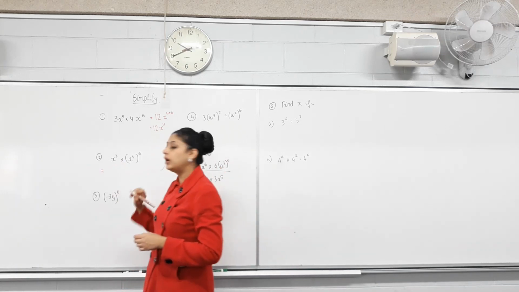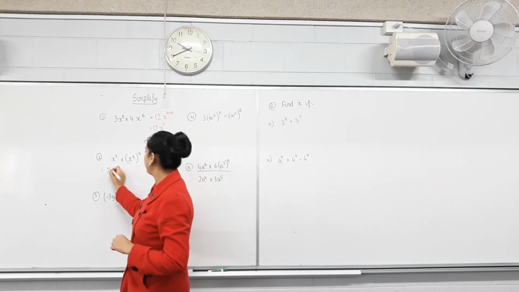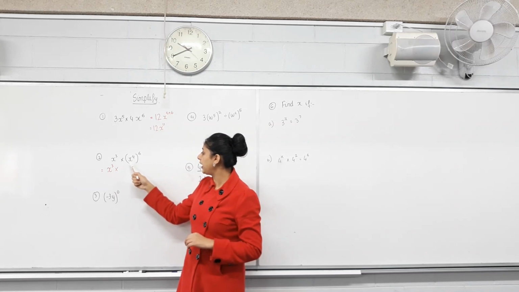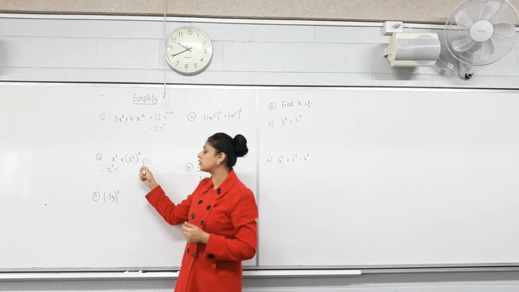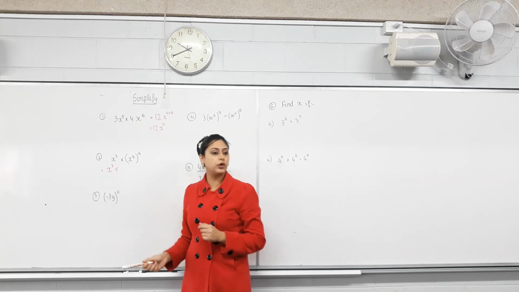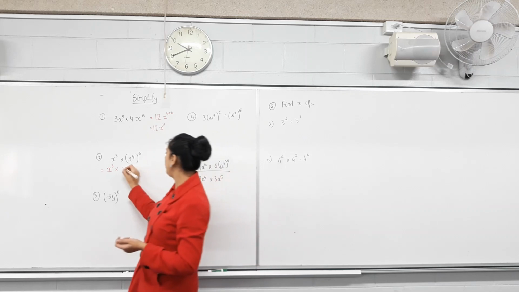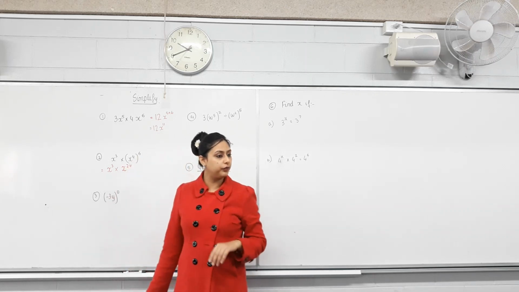Next one. Now, we first have to do the brackets. So x to the power of 3 times. Now, what happens when we have x to the power of 4 raised to another power 6? What happens to these two powers? Look at your laws that you've copied. Times. So what's 4 times 6? 24. So can I write this bit as x to the power of 24?